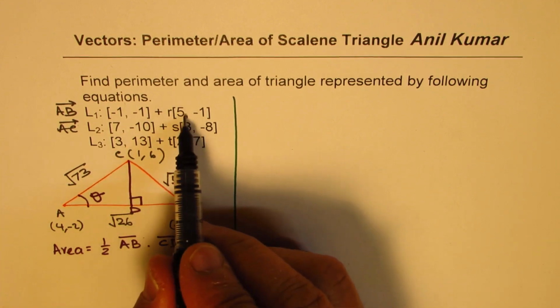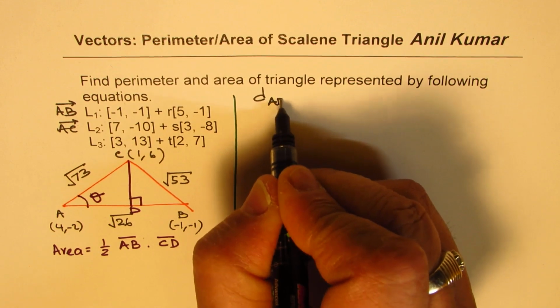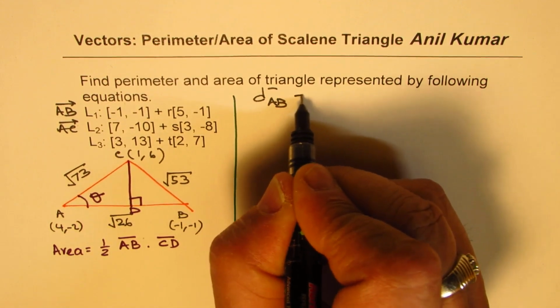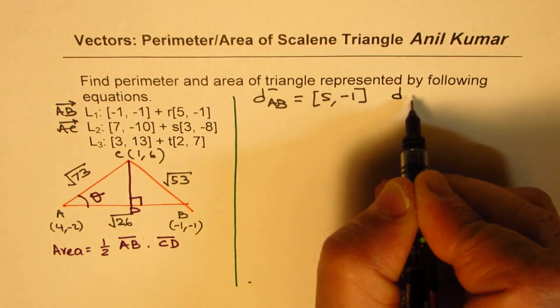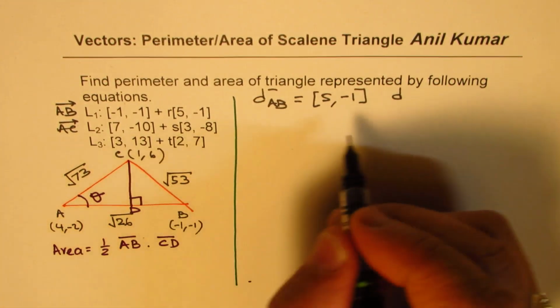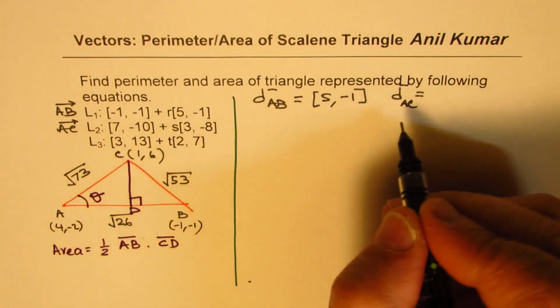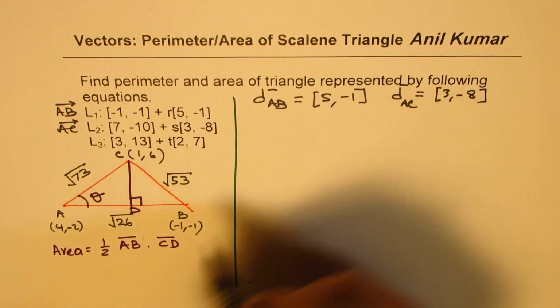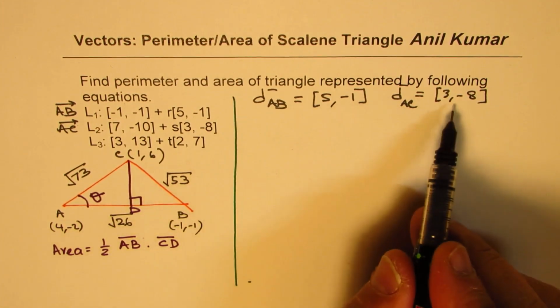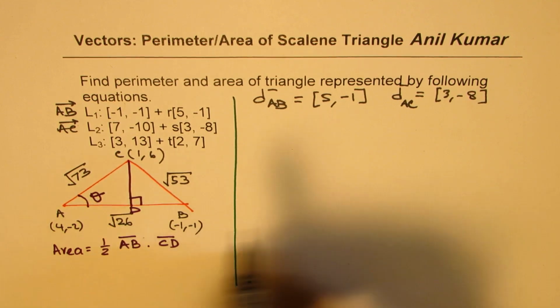The direction of AB is (5, -1). The direction of line AC is (3, -8). Correct? So the dot product of these two will give us the angle theta.